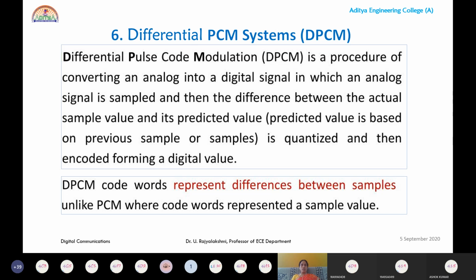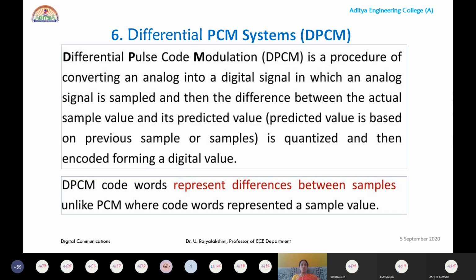Okay, so for DPCM, please observe the second point. DPCM code words represent the differences between samples, but in the case of PCM, code words represent the sample value. We defined code word there: a code word is a combination of the bits present in each and every sample. But DPCM code words represent the differences between the sample values, not all the bits present in each and every sample.